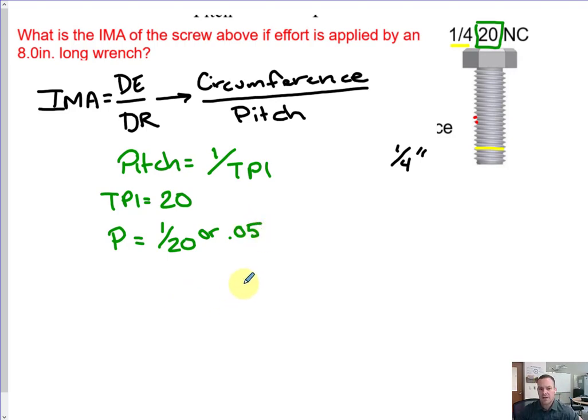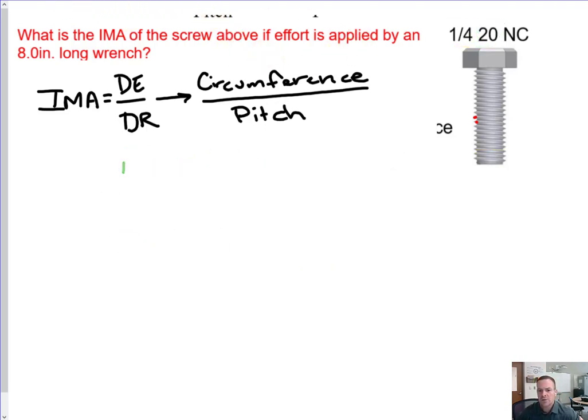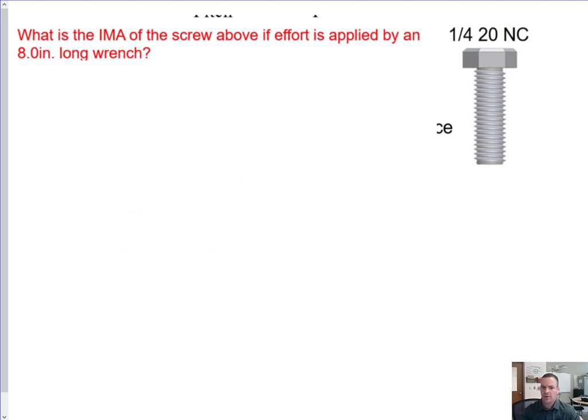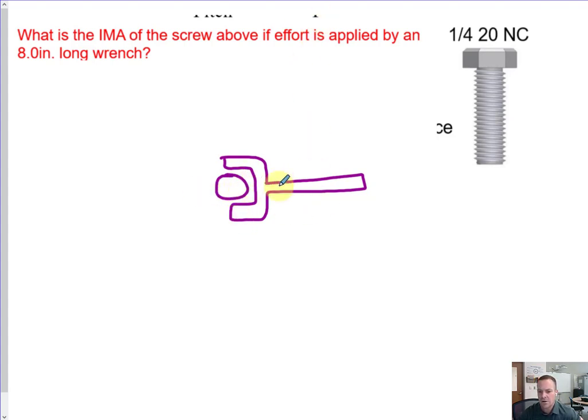So then the problem says, well, what if I turn this bolt with an 8-inch long wrench? So let's see what that looks like. From an overhead view, what we would see is a bolt. Just imagine that's a bolt, and a wrench. And what it's telling us is that the wrench is 8 inches long.